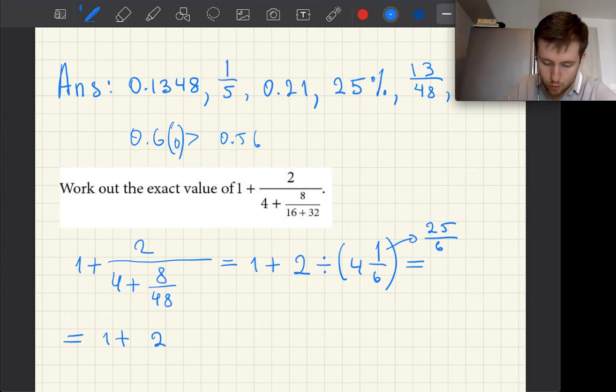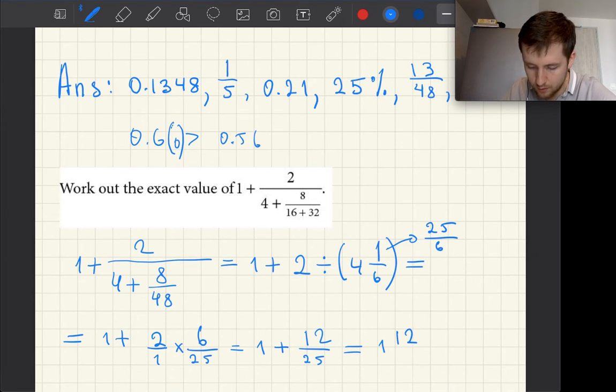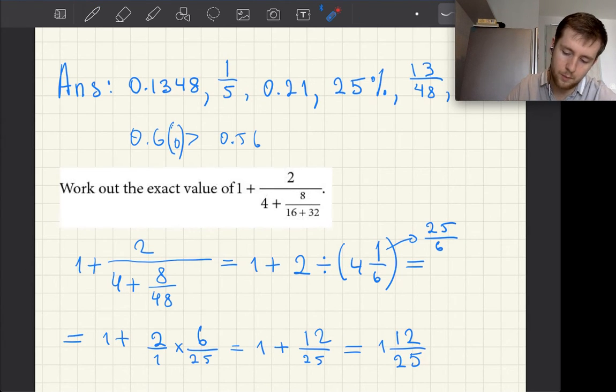And if you want to multiply it, we have to flip it. So it becomes 2 over 1 times this number flipped, times 6 over 25. So that's going to become 1 plus 12 over 25, and the final answer is going to be 1 and 12 over 25.